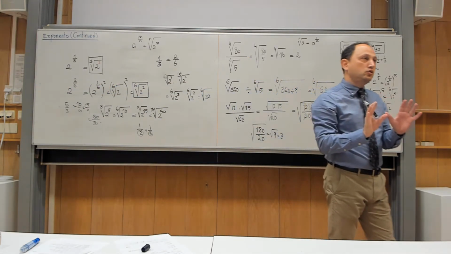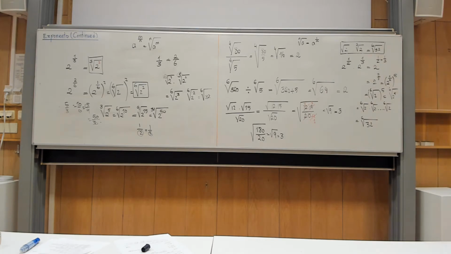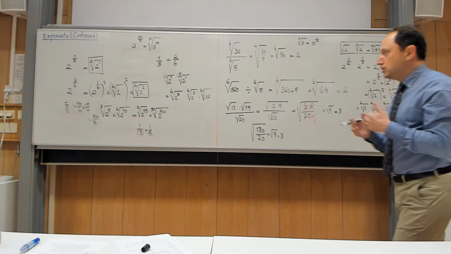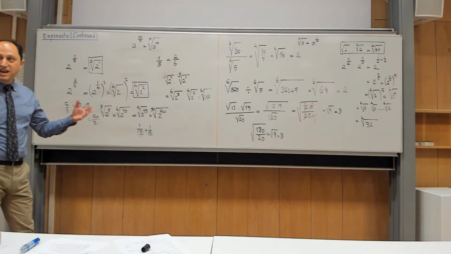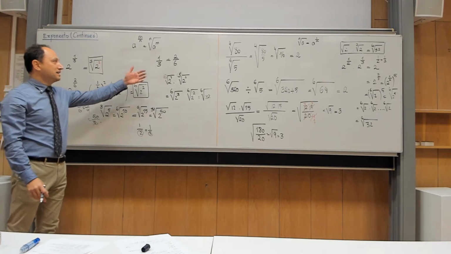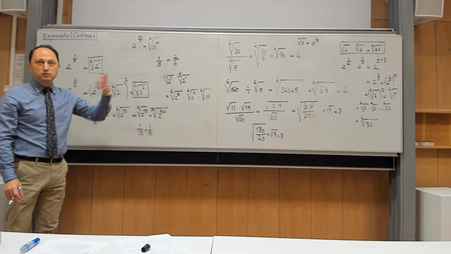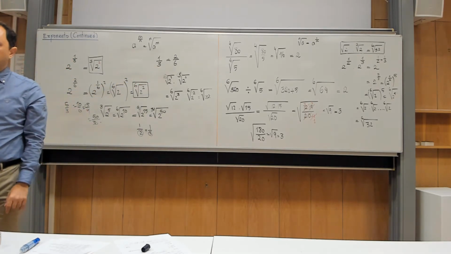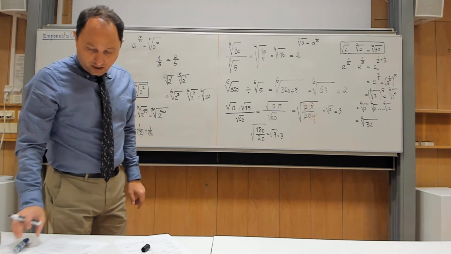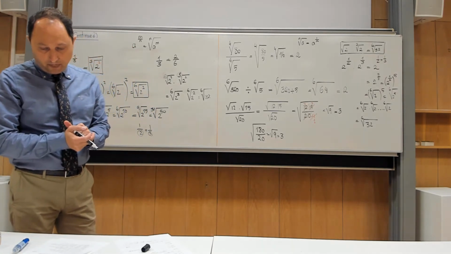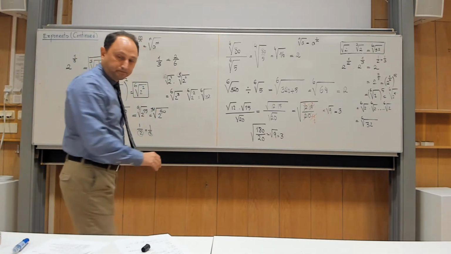So this is up to you if you want to learn this method or not, but I would say this is extremely important. Okay? So you need to feel comfortable with working with surds, more or less the way that you are also comfortable with working with fractions now. Is that understandable? Okay, so let me try to do this together.